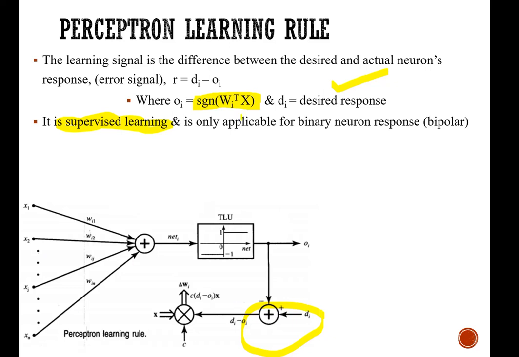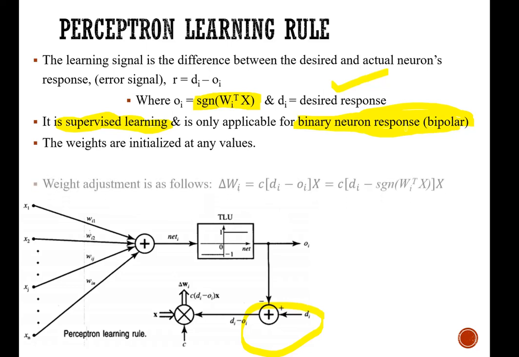I have already told you that it is only applicable for binary neuron response, that is bipolar, because the activation function is the bipolar signum activation function. In the Hebbian learning rule, the initial weights were supposed to be very low, but here the weights can be initialized at any values.